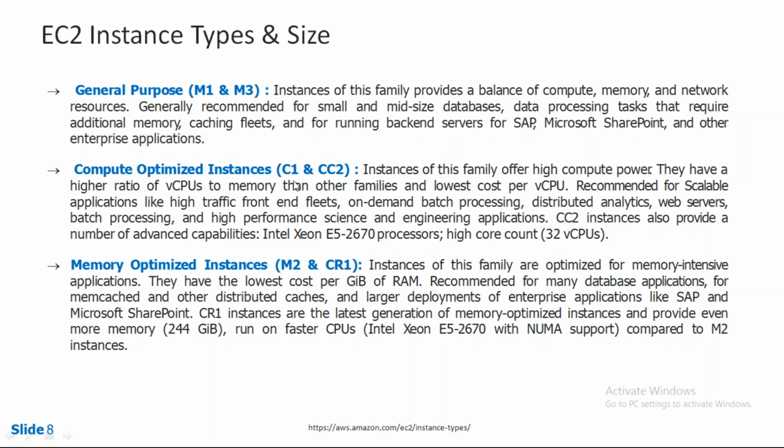Then for compute instances, just go through. What is it used for? They have a higher ratio of vCPUs to memory than other families and low cost per vCPU. vCPU is nothing but virtual CPU, and they are recommended for scalable applications like high traffic front end fleets, on-demand batch processing, distributed analytics, web servers, and high performance science and engineering applications.